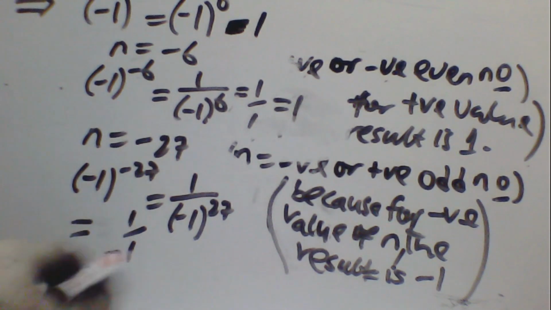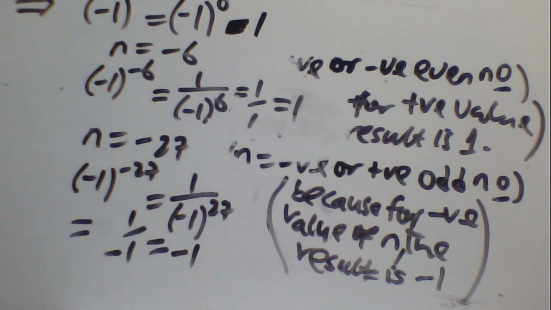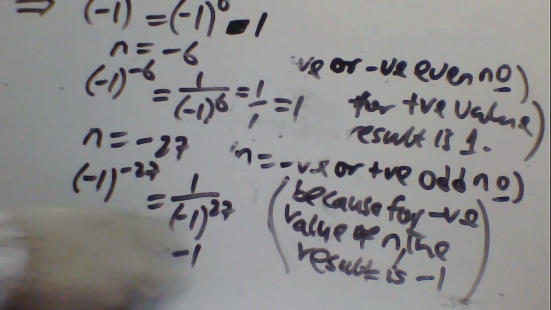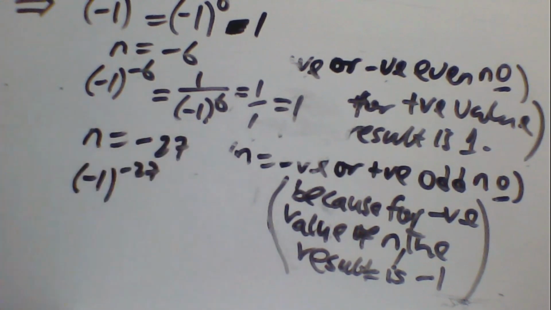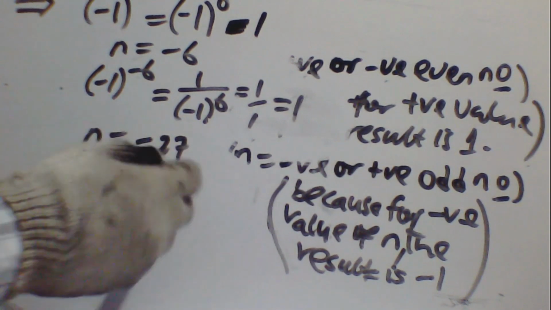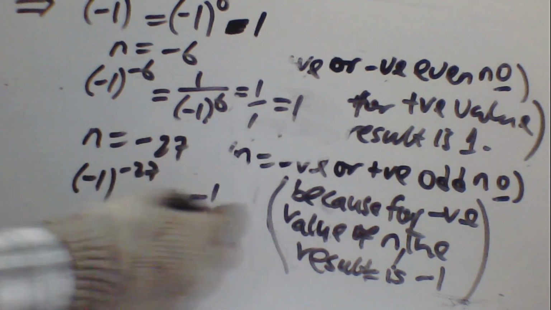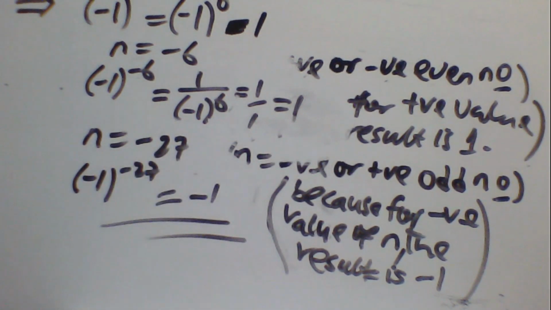So 1 over minus 1 will give us minus 1. So minus 1 raised to the power of negative 27 will give us what? Minus 1. So that is it. That is all you have to learn.